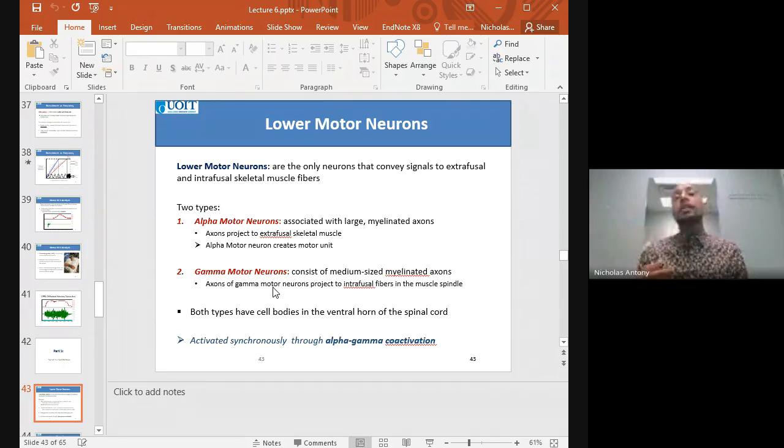Yeah, exactly. Matt said 3. In the motor system, there's 2. There is the upper motor neuron that goes from the brain to the spinal cord, and then there's the lower motor neuron that goes from the spinal cord out to the muscle.